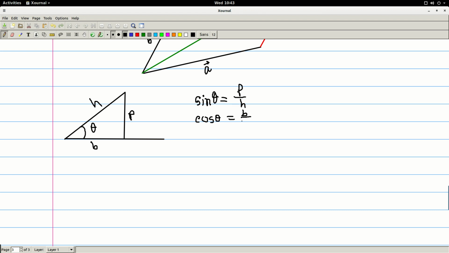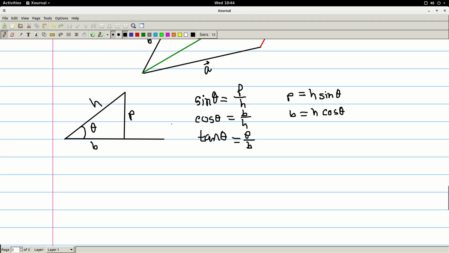B by H. And tan theta is P by B. Alright, so if that's the case, we can also write them in a slightly different way. We can write them as P equal to H sine theta. And we can also write B equal to H cos theta.